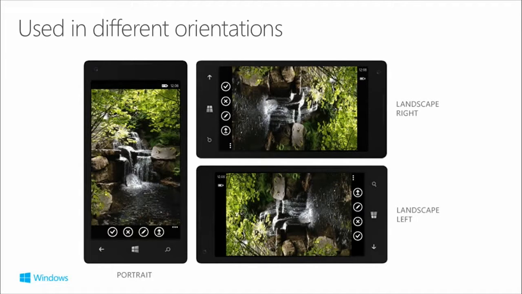But we've got applications that are going to be running on both of them, so we need to make sure that our applications do, in fact, run on both our smaller phones and our larger phones. In addition to that, they are going to be running in multiple orientations, especially when we're talking about applications that are dealing with photos and videos. The landscape mode is vital for good design of those applications.